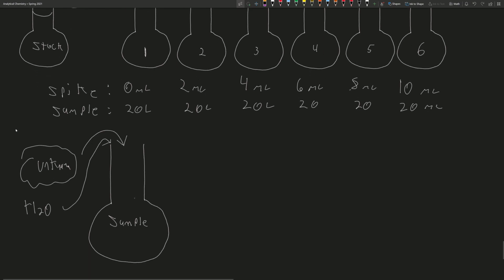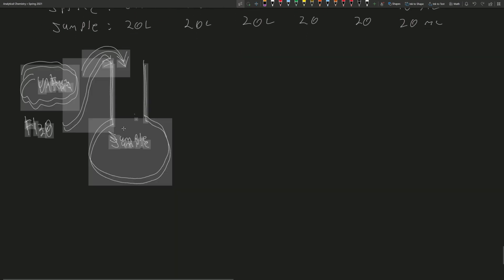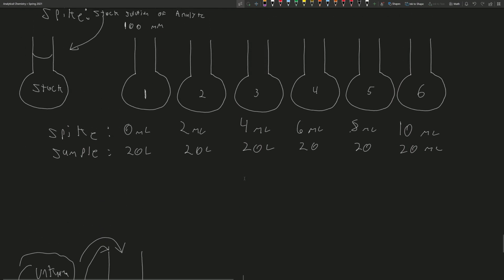And now let's say we add water. So how much do I want? Say 80 milliliters here.